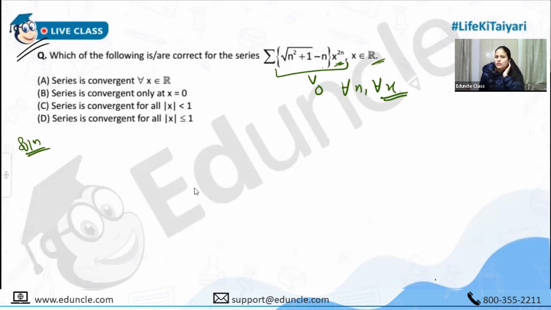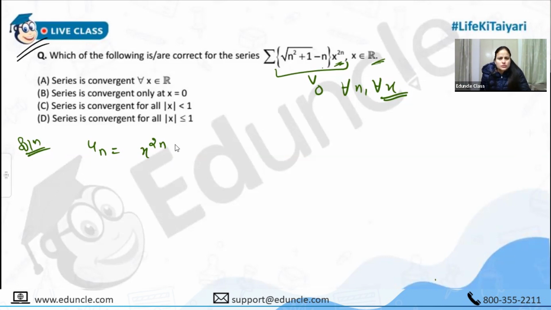Root and comparison both we can apply. Chalo, let's apply the comparison test. Theek hai, which comparison test? Second comparison test. So x raised to 2n. Pratiksha saying B option. Only B, only at x equal to 0. Well, let me check. Theek hai, let's do it quickly.